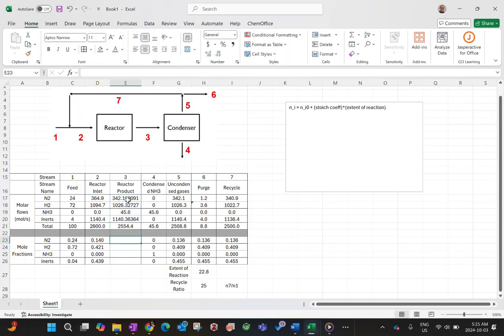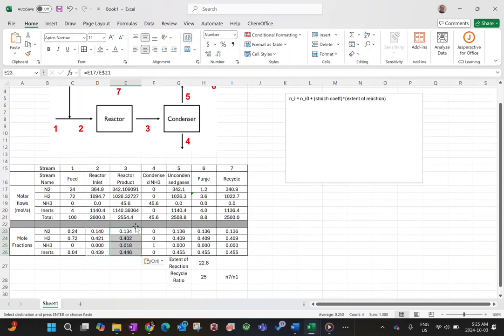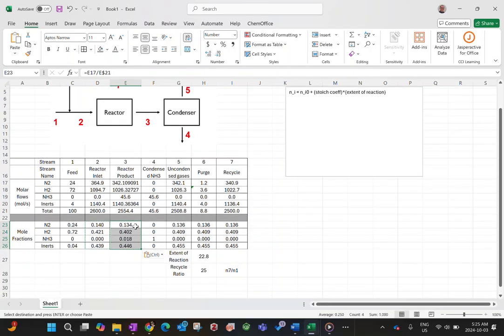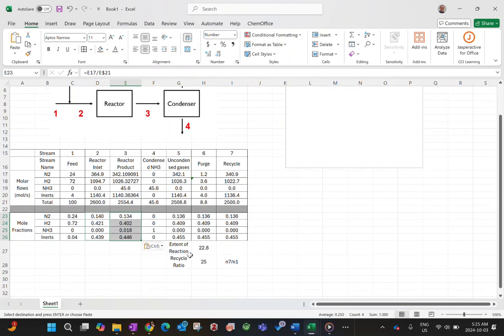Okay, awesome. And then the mole fraction should be, we have the molar flows first, so let's calculate the mole fractions from the molar flows. Great. So now our table looks done. The issue though is that it's all a function of the recycle ratio, and we have no idea whether this is at equilibrium or not.